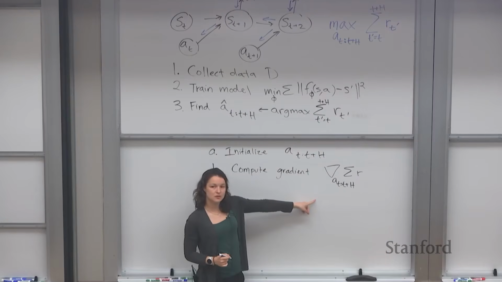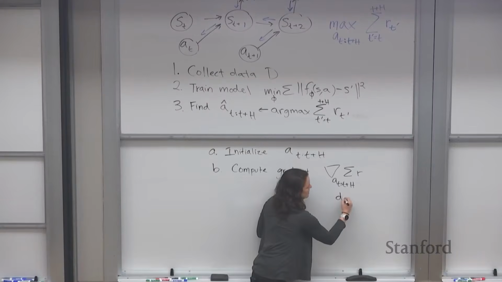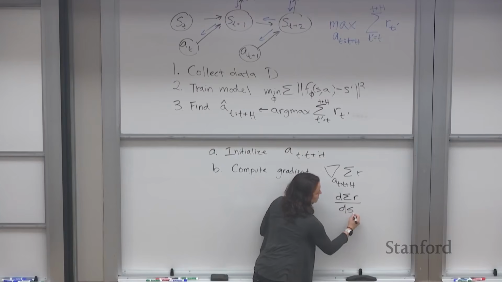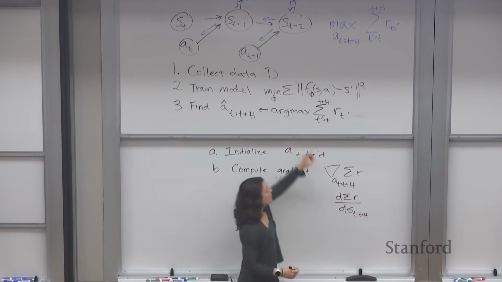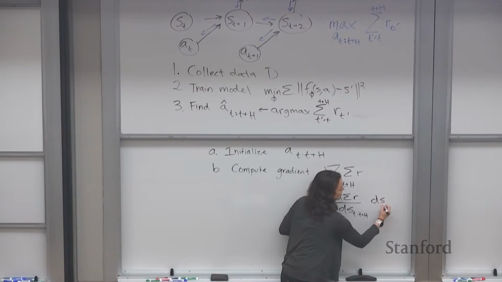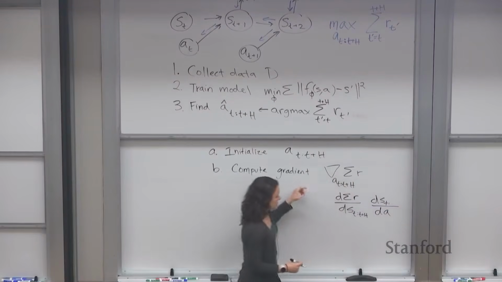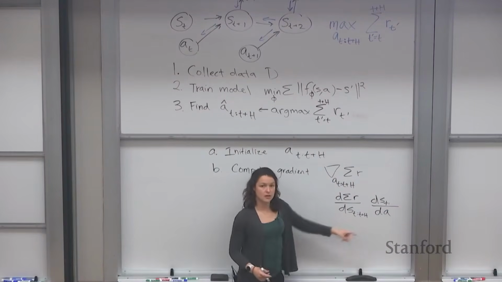To compute this gradient, if you use the chain rule, the gradient will be the gradient of the rewards with respect to the states, which would just be based off of your reward model. And then if you apply the chain rule, you have a second term, dstates/dactions, to actually get the gradient of the rewards with respect to the actions.